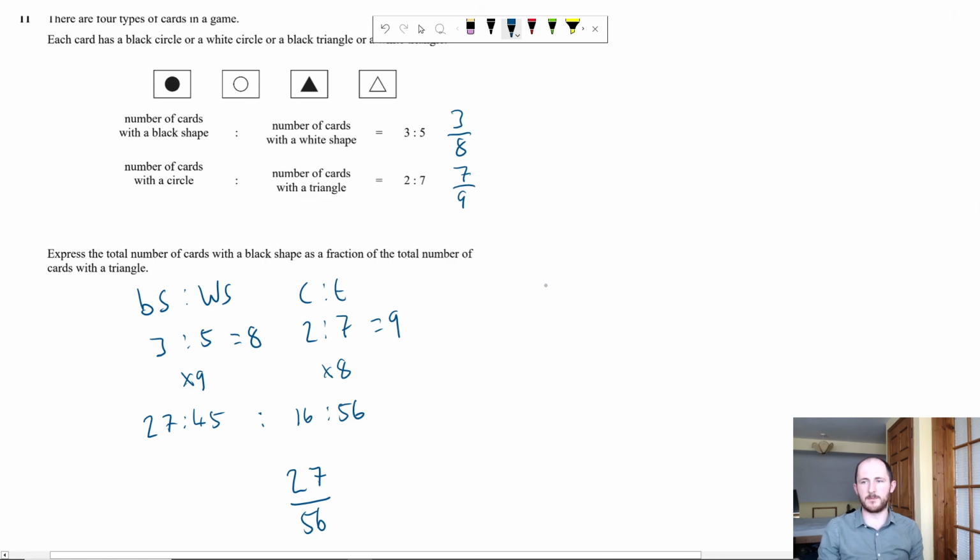So if you express black shapes in terms of triangle shapes, it is 3 over 8 divided by 7 over 9. So then you keep, flip, change and you get 3 over 8 times 9 over 7. So you get 3 times 9, which is, of course, 27 over 56. So it might be a bit faster, but in my experience, when I taught this question, a lot of students didn't understand this way, which is why I've done a different method. But if you understand this way, then good for you.